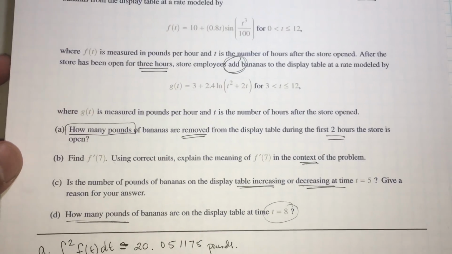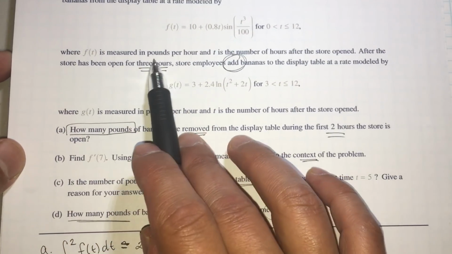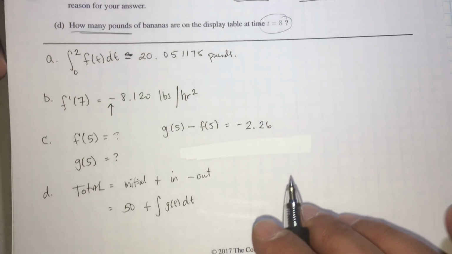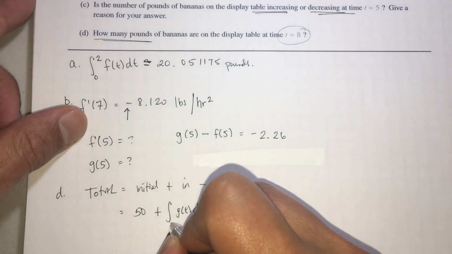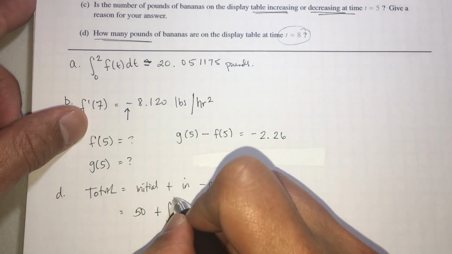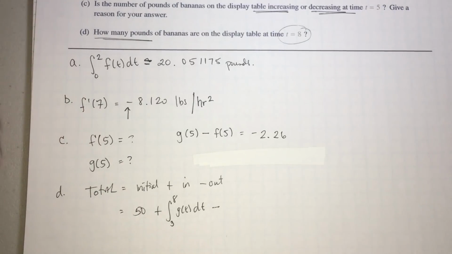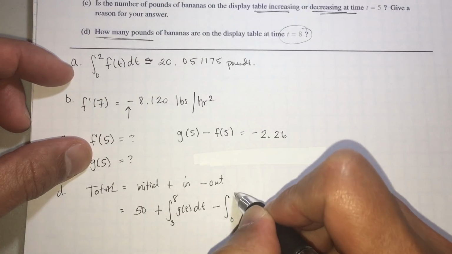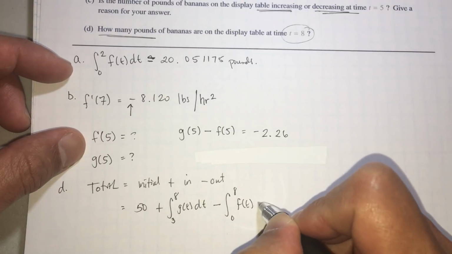Is it from 0 to 8? No, it's not. It says after the store has been open for 3 hours, so it's not from the beginning. It's from 3 hours to 8 hours. Minus what's being taken out: the integral from 0 to 8, because that's from the beginning, of f of t dt.